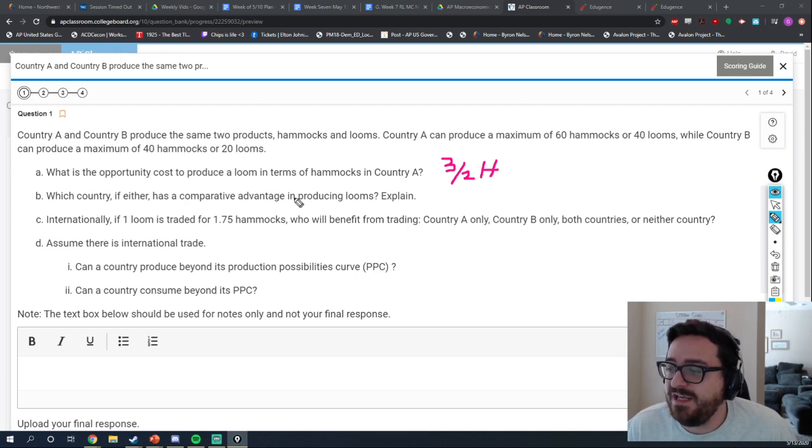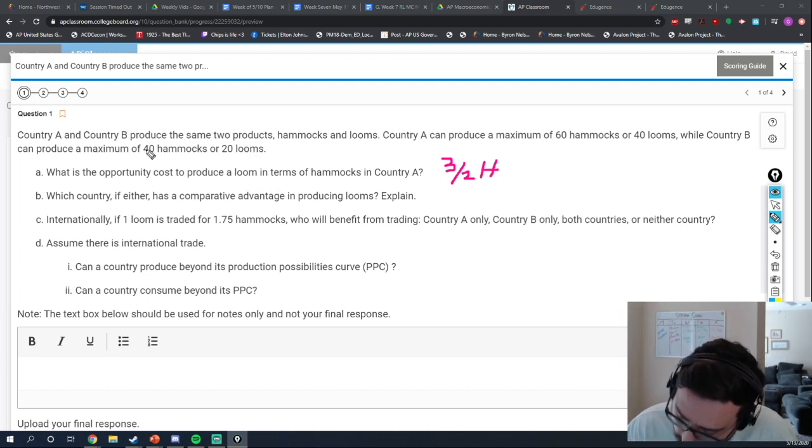Which country, if either, has the comparative advantage in producing looms? Now, comparative advantage, again, is who can produce it at a lower opportunity cost. I've just found the opportunity cost of looms for A, so I should find it for B. For B, it's 40 and 20. The opportunity cost of 1 loom is other goes over, so 40 over 20, which is just 2.